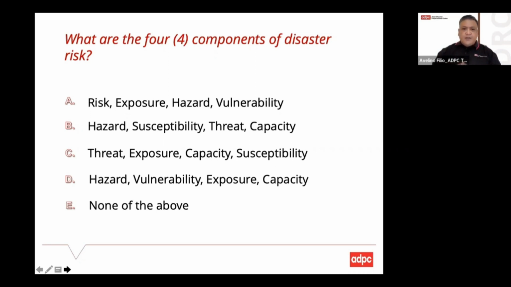C, threat, exposure, capacity, susceptibility. D, hazard, vulnerability, exposure, and capacity. And E, none of the above. So check which among these terms came up already or hasn't. 5 seconds, the 4 components of disaster risk.